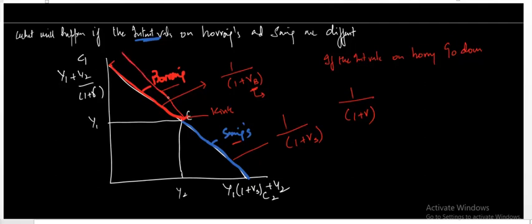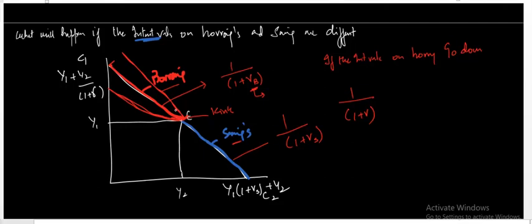Now if the interest rates go down, the line is going to widen up over here. Alternatively, if the interest rate goes up, this number is going to increase and the whole number is going to decrease, so the line is going to be something like this.